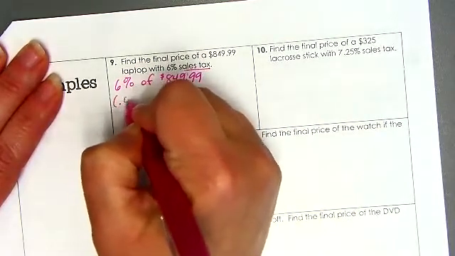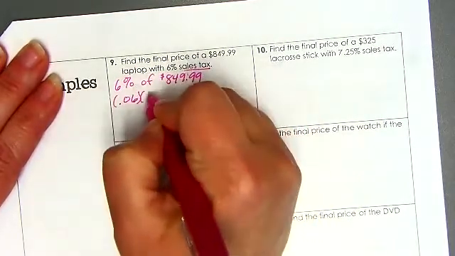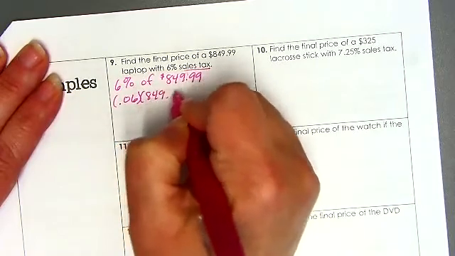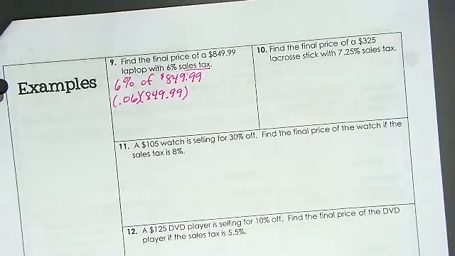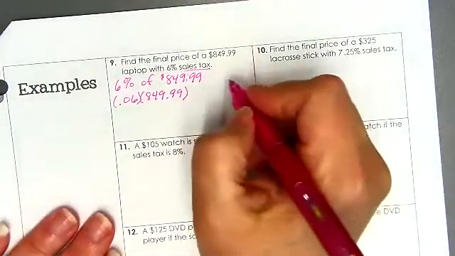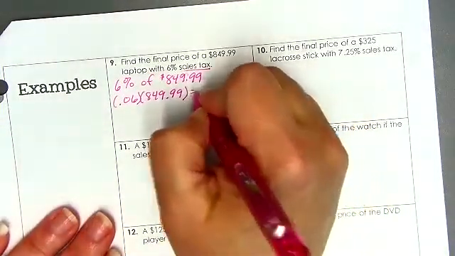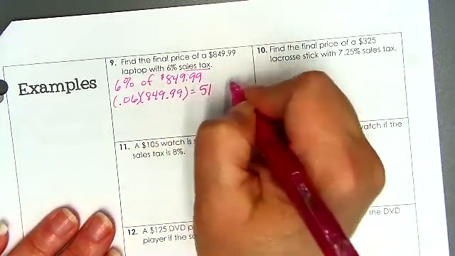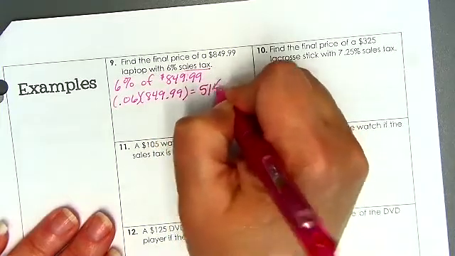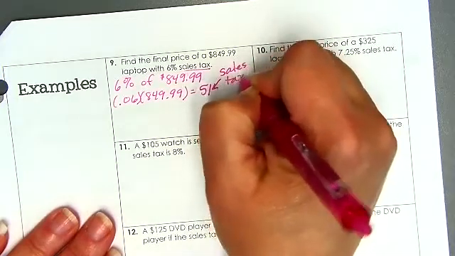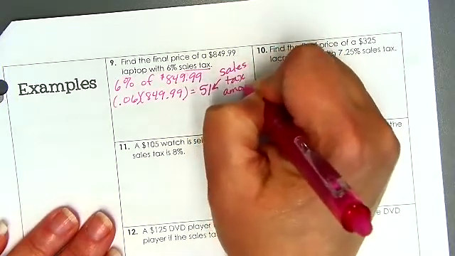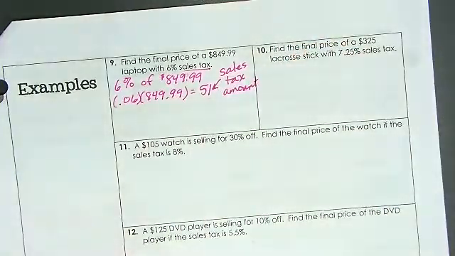So I'm going to have 0.06 times 849.99. And we punch that into the calculator, and we're still rounding to the hundredths for the cent, and we end up with that equals $51. So therefore, this right here is the sales tax amount. So if it asks what's the tax amount, that's what you would write.